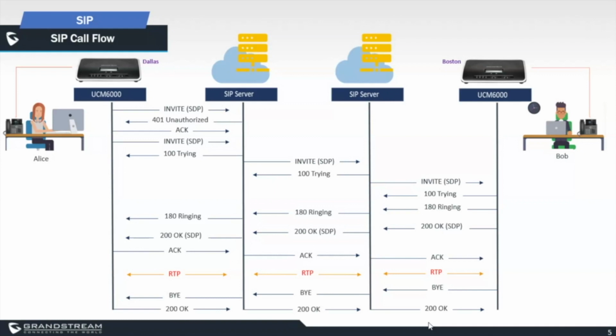So at this point, the call is established using SIP, and another protocol will be used to carry voice packets. This protocol is RTP, which is in orange. RTP stands for Real-time Transport Protocol, and that's the protocol used to carry voice packets between SIP endpoints. In each call leg, there are always two RTP streams, one for each endpoint.